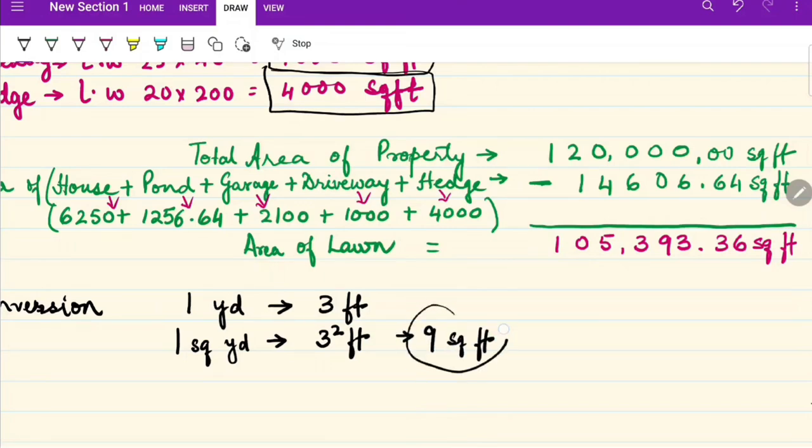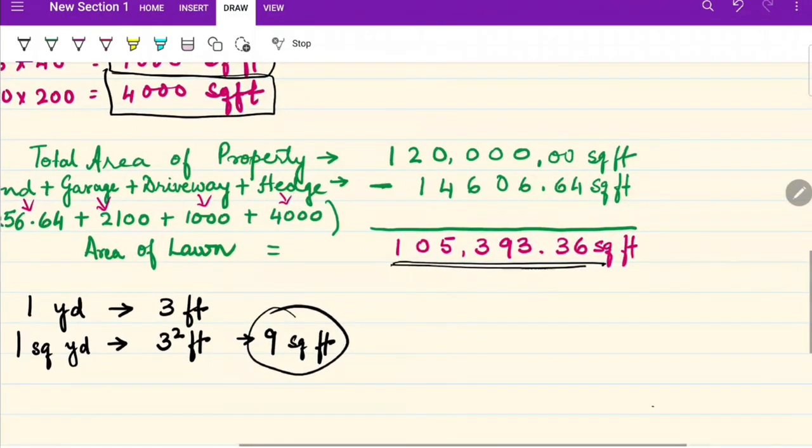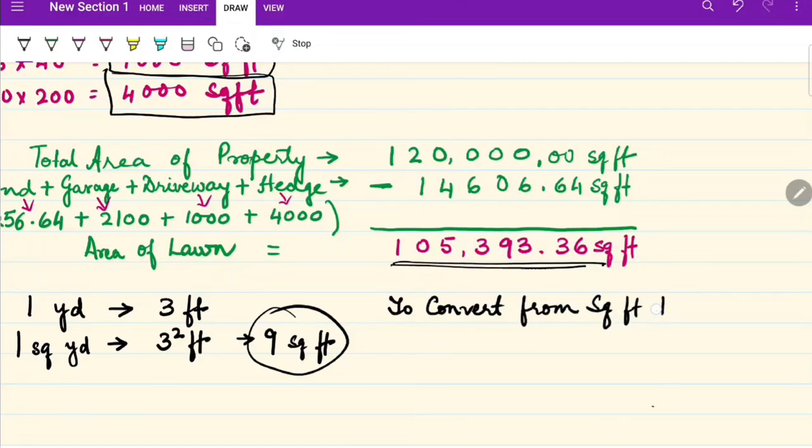So given that, to convert 105,393.36 to square yards, we have to divide this measure by 9. All right, so to convert from square feet to square yards, divide by 9.